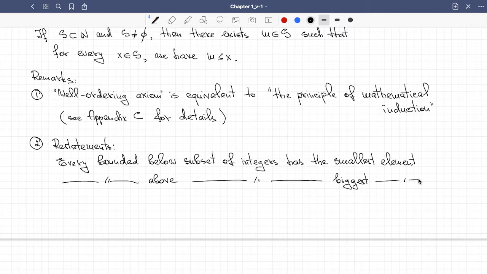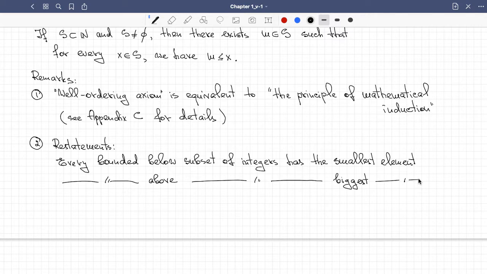And this is very clear how to find it. You look at 100; you know they are all smaller than 100. 100 itself may not be the biggest element simply because 100 is not necessarily one of them. All right, go down to 99. They all do not exceed 99.